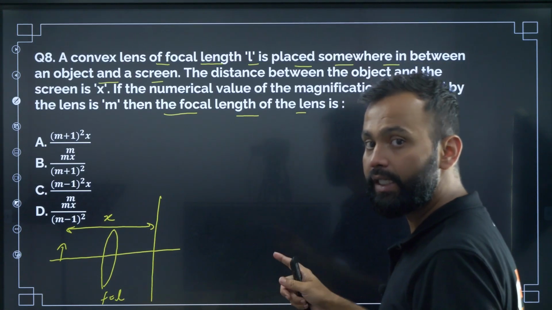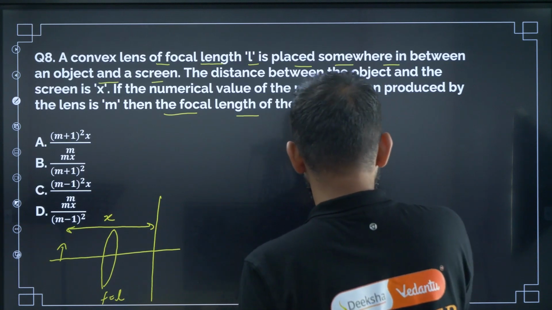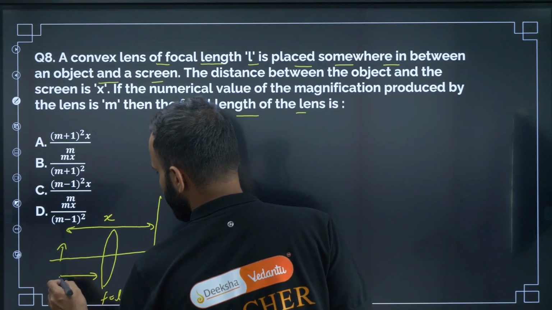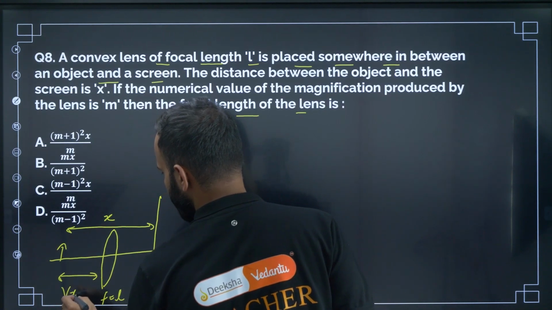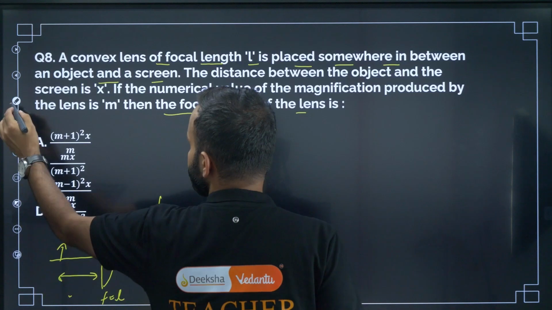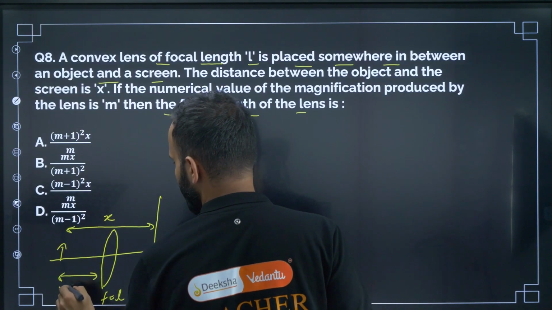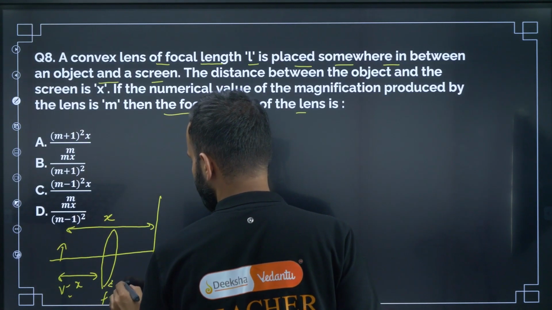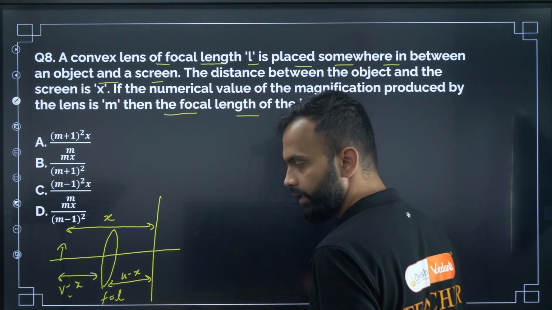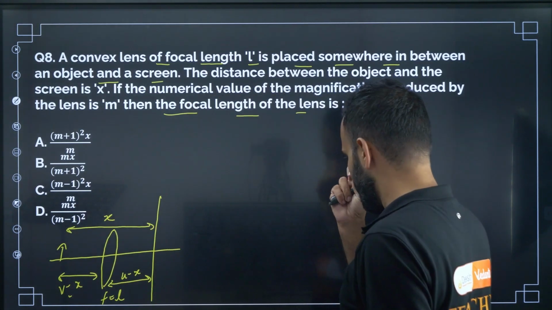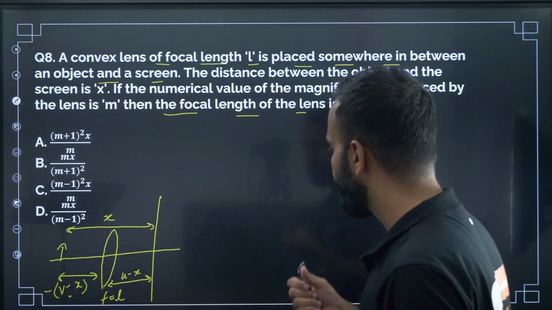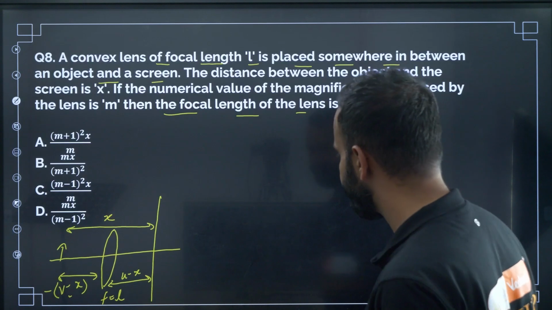The object distance will be minus of v minus x.